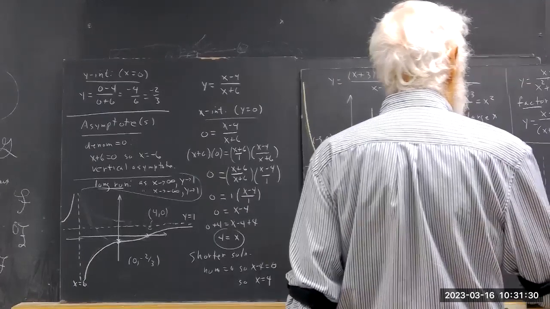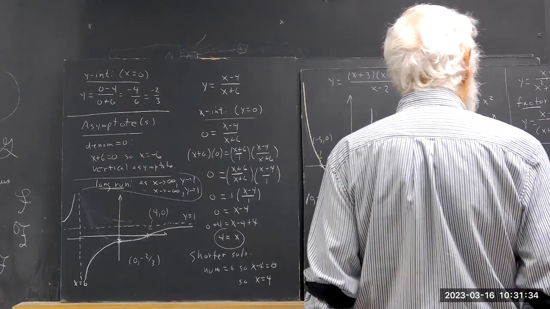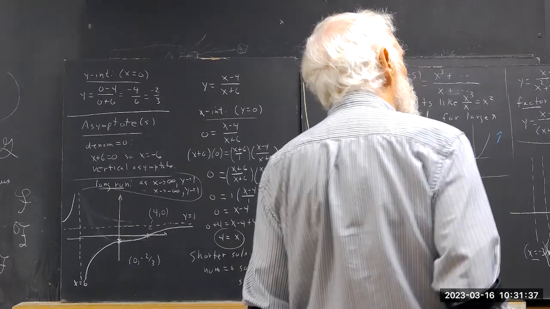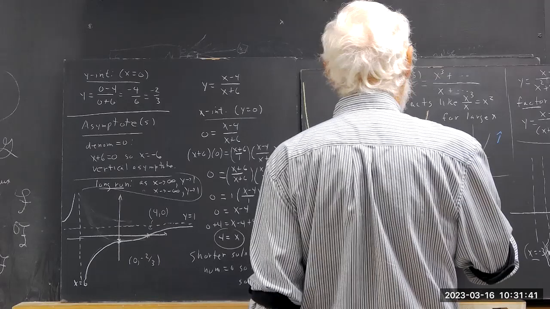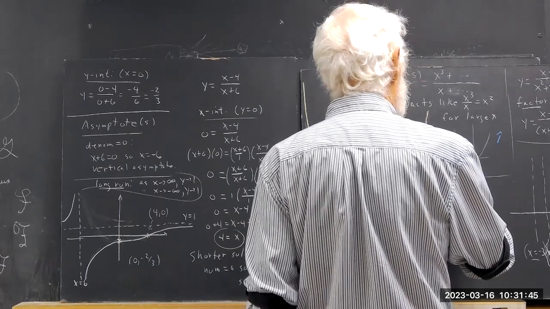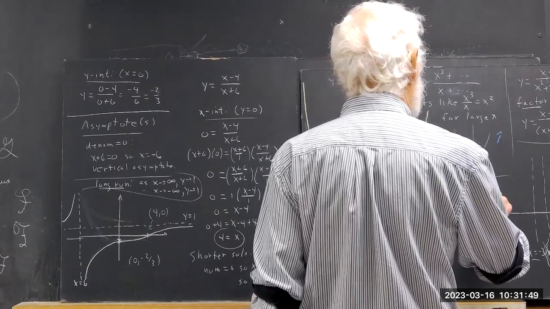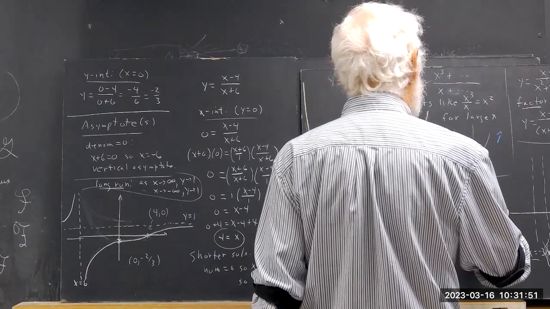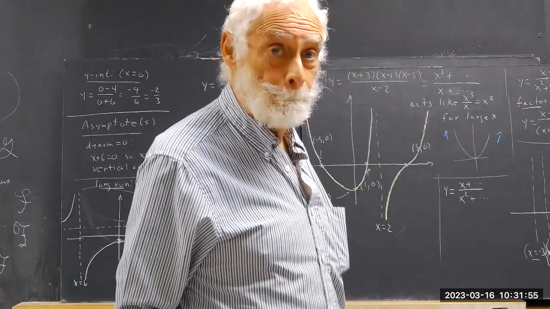We got x equals -3 here, and x equals -2 here. In the long run, it's like an x over an x squared.